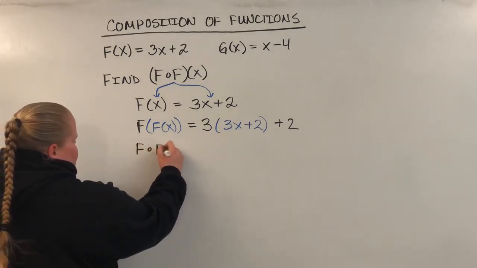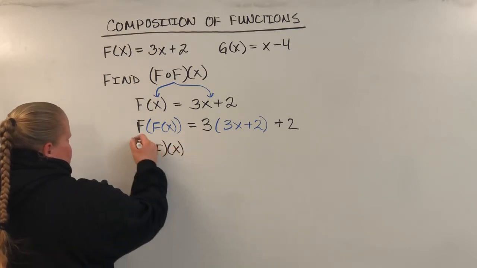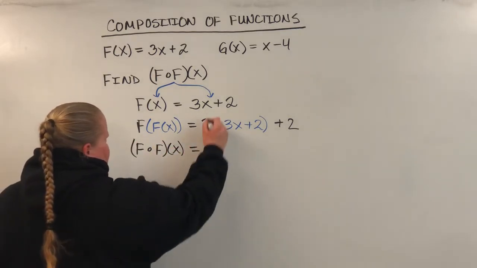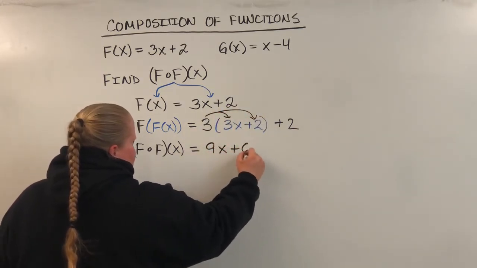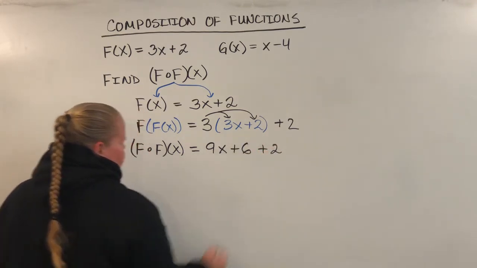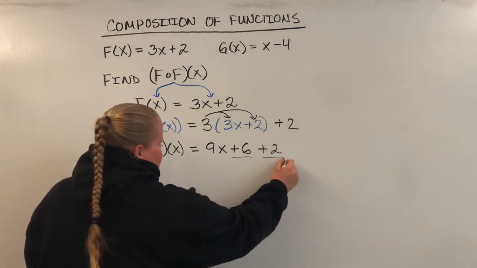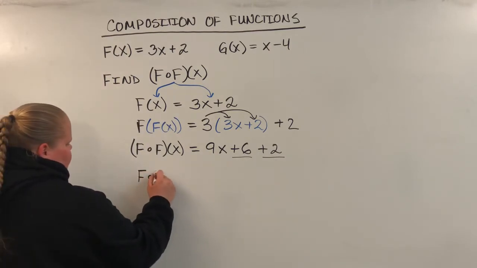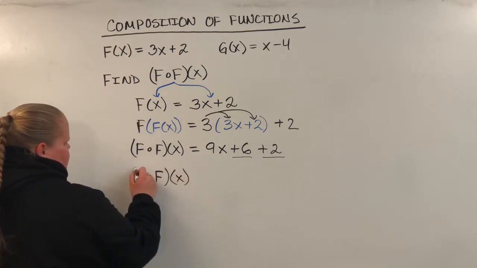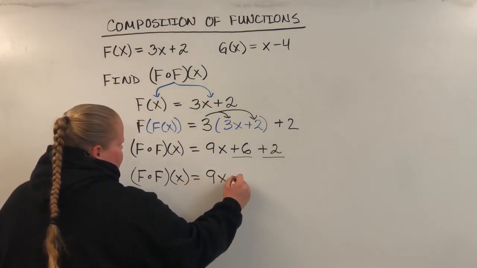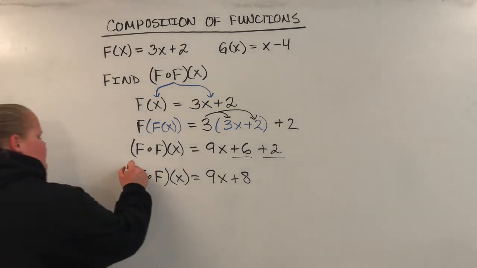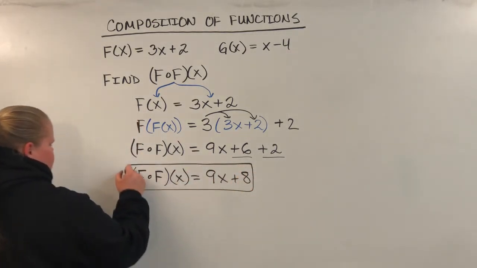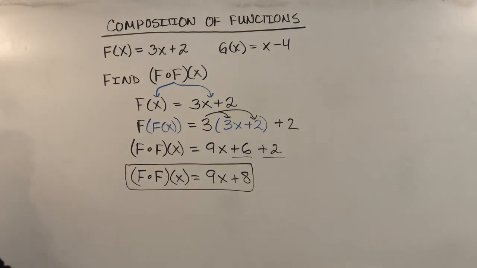I have f of f of x equals 9x plus 6, and this plus 2 on the outside. I'm going to combine these like terms. F of f of x equals 9x plus 8. That's as far as I can go. I don't have any other like terms or things I can simplify, so this is my solution. Okay, that is how you compose two different functions.